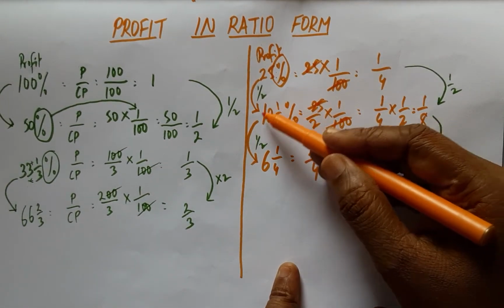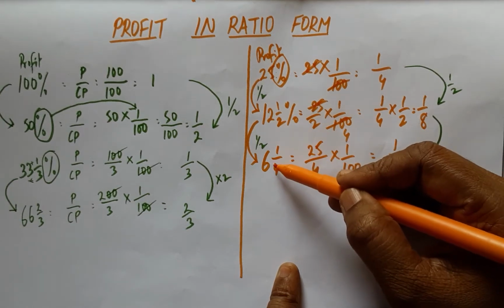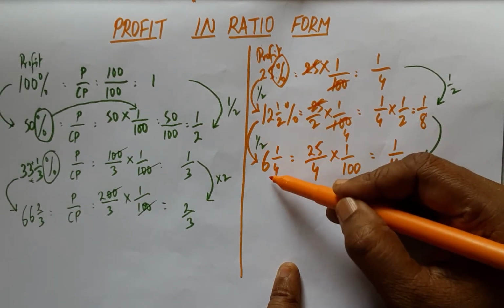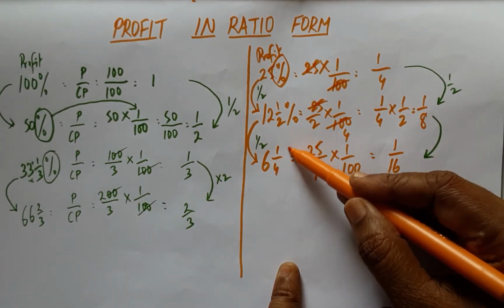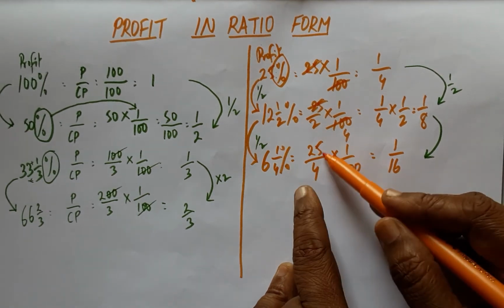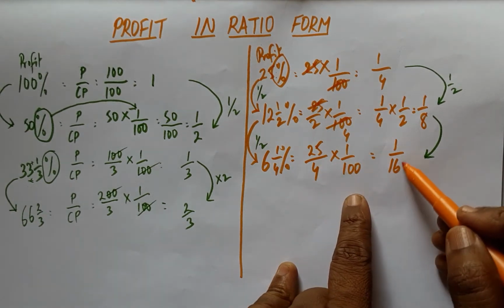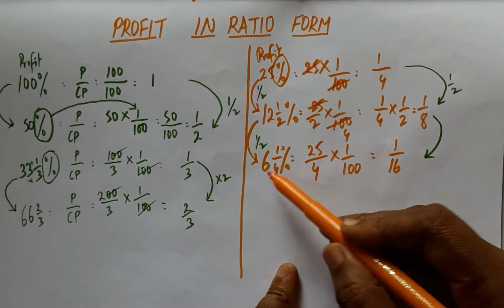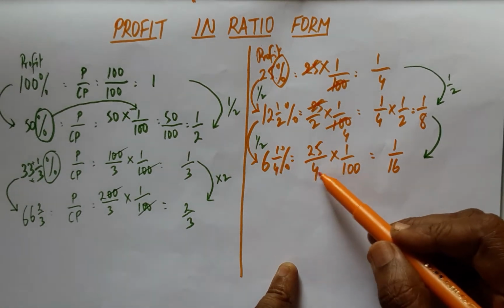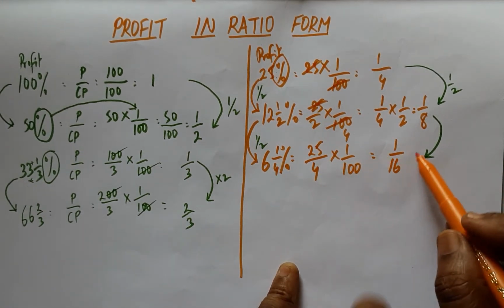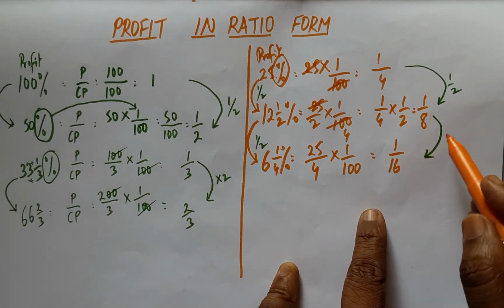Now if I divide this exactly into 2, it will be 6 1/4. Half of this is 6 1/4, and 6 1/4 percentage conversion will be 25 by 4 into 1 by 100 comes to 1 by 16. 6 4s 24 plus 1 25, 25 by 4, and this is nothing but half of 1/8.